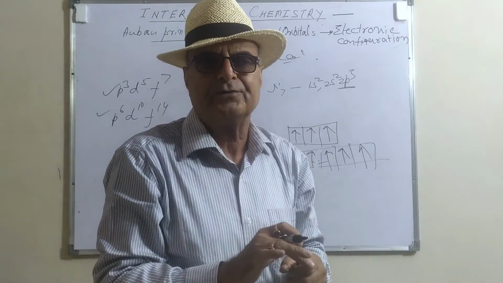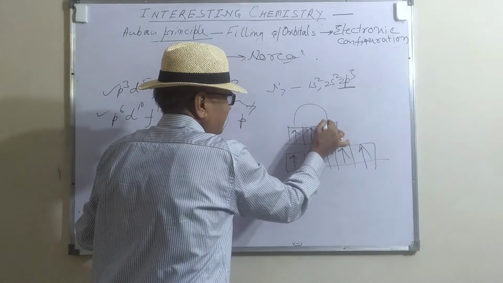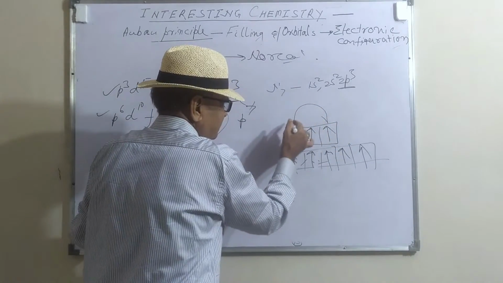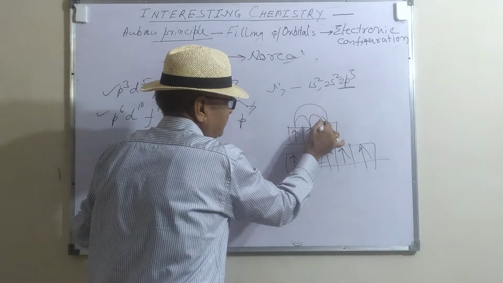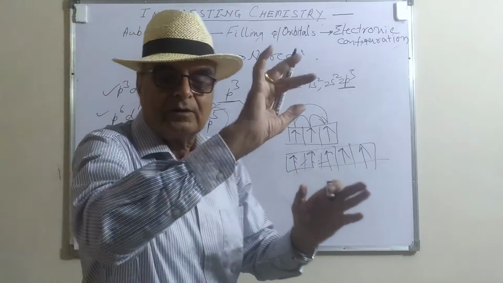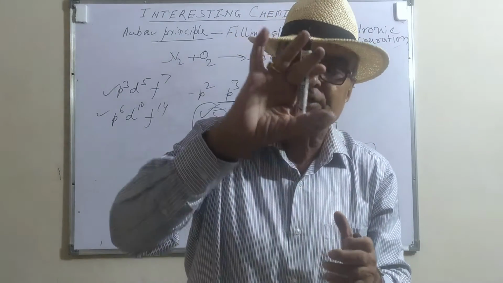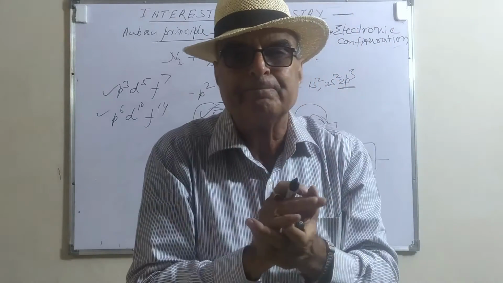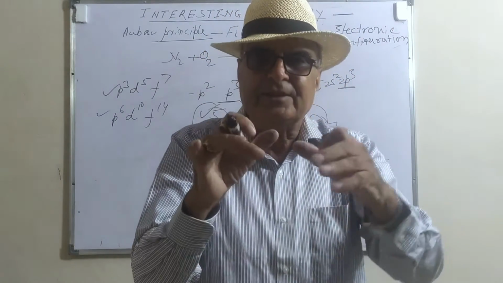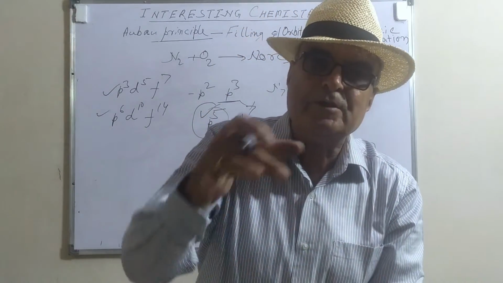Second cause: this electron can exchange its place with this one, and this electron can come here. The electrons can exchange places because they have identical spin. When they exchange their places, exchange energy is evolved.